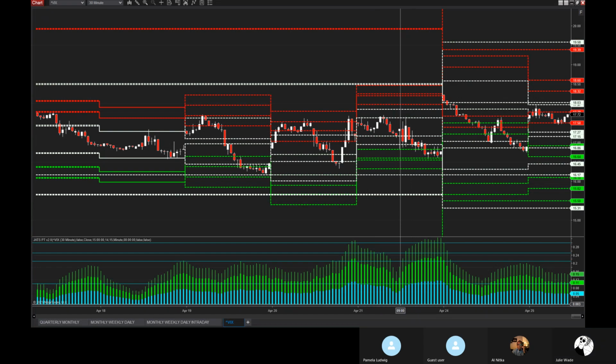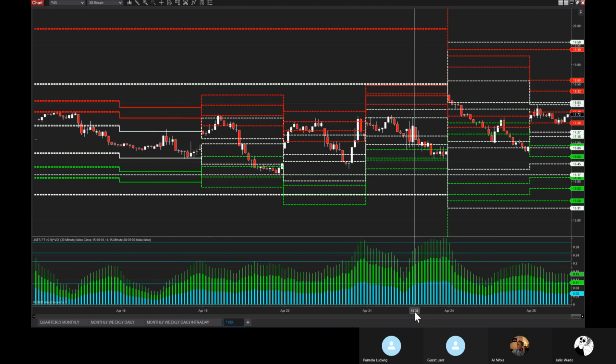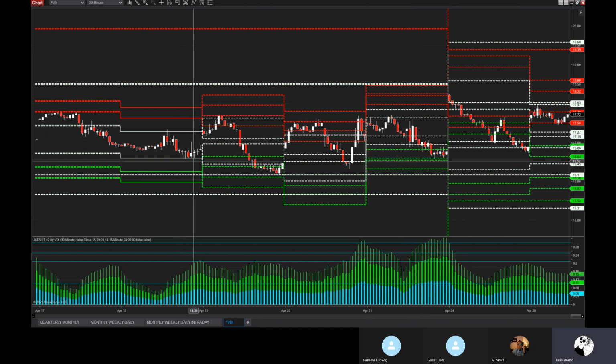Okay, fantastic. Okay, much better. So you can see we're getting some nice touches on the levels, turnarounds, but just following the slope.